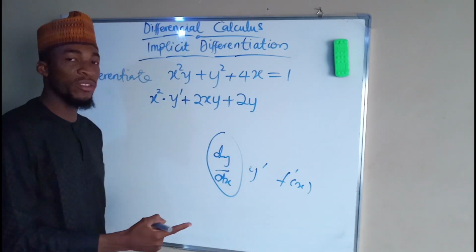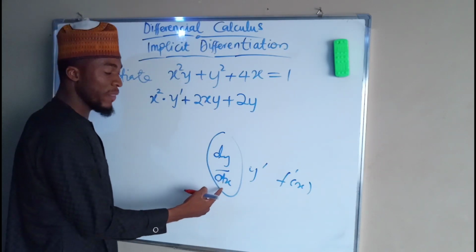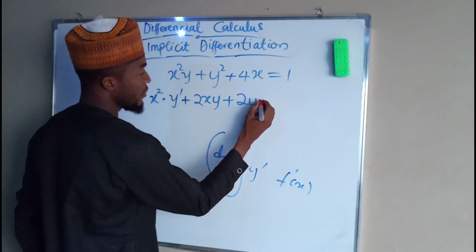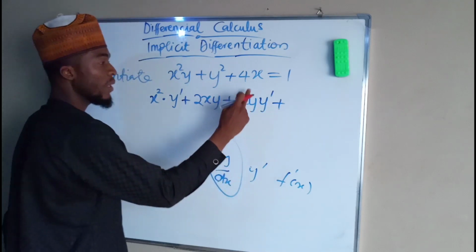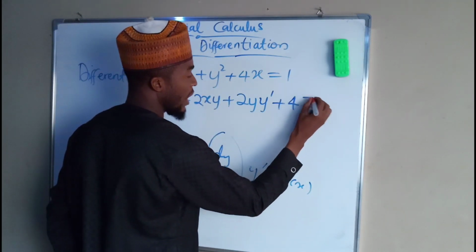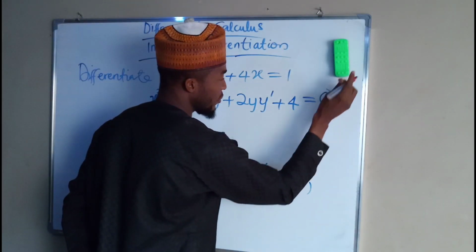But I told you, once you differentiate y, you have to multiply by either dy over dx, y prime, or f of x prime. So I have my y prime here, plus. If you differentiate 4x, you're going to obtain 4, equals, the derivative of a constant term is 0, so we have 0 here.